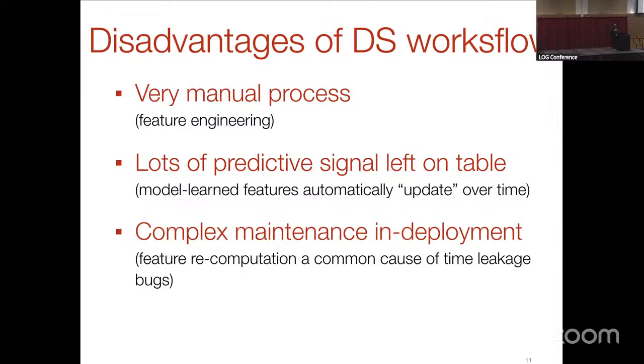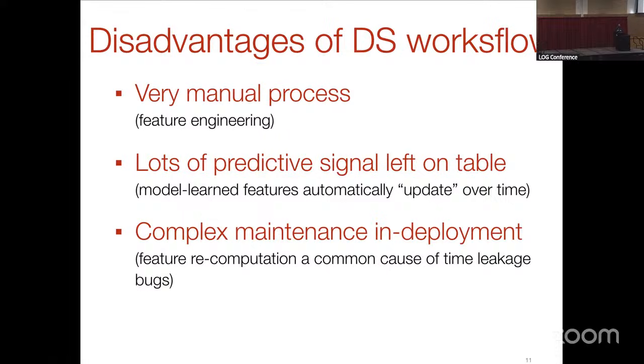And this is a suboptimal approach, and the reason why it's suboptimal is because it's very laborious for the engineer and it requires time in order to do all this feature engineering and transform the data into a single table. On top of it, we might have some loss of predictive signal. So we go from multiple tables into a single table with human decisions.